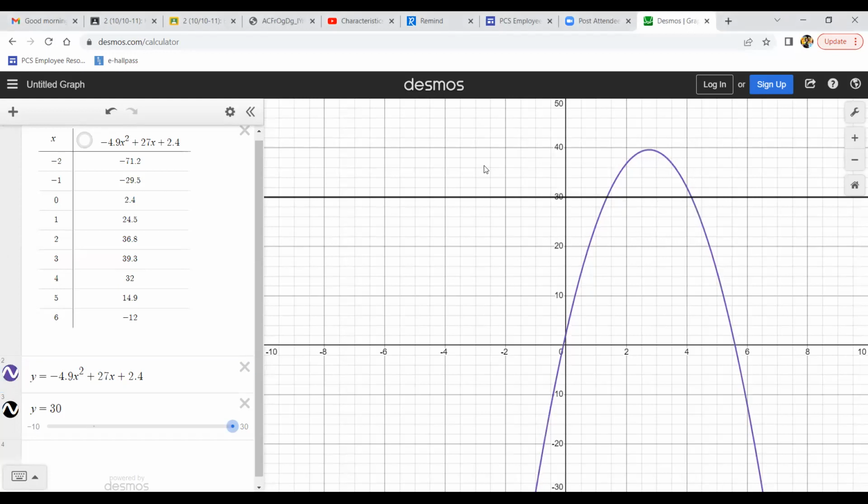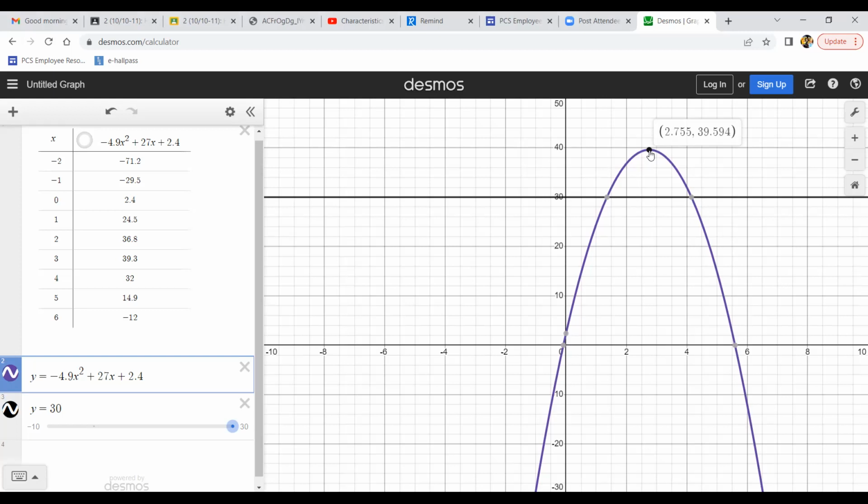What point is it? Where would the maximum height be? It'd be the very middle of the graph, right up here. So I'm going to go ahead and write down that point. That's called the maximum of the graph. That's the mountaintop of the graph, right?